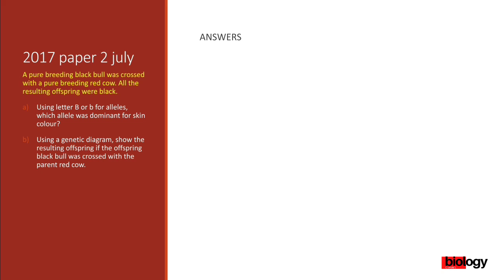So, pure breed. What is a pure breed? A pure breed is simply an organism that has a homozygous type of genotype. Now, a homozygous type of genotype is one where the alleles are the same.